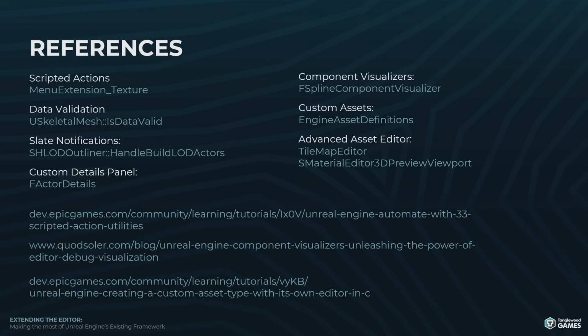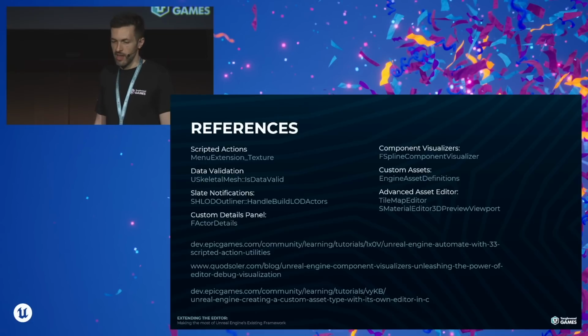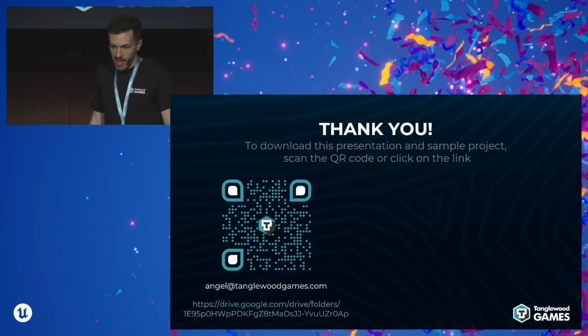Then Quadsolar has a very good breakdown of component visualizers and some of the features we couldn't cover here. And finally, there's a very good tutorial on how to create a custom editor, and it was the reference point that I use for the custom viewport. Everything there is 2D, but the framework is the same.